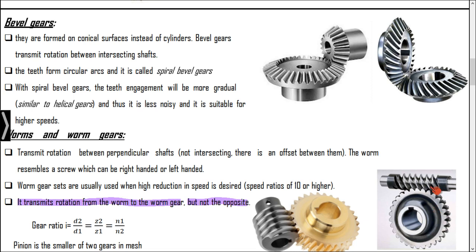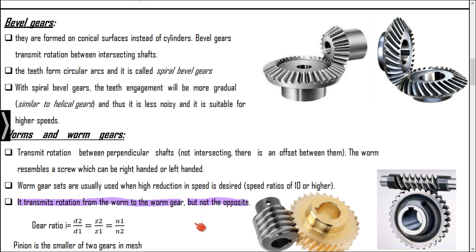The reverse is not done. So that is one of the main points when we discuss the worm and worm gear. But in all other types of gears, the power transmission can be from any direction. There is no specific direction, but in a worm and worm gear, the transmission is from the worm to worm gear. That is the thing that you have to keep in your mind.